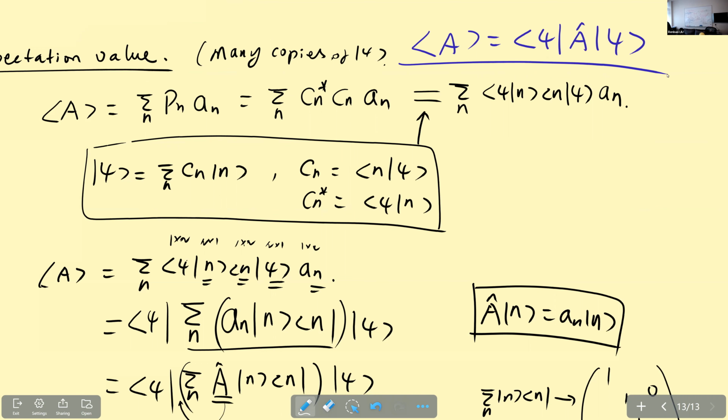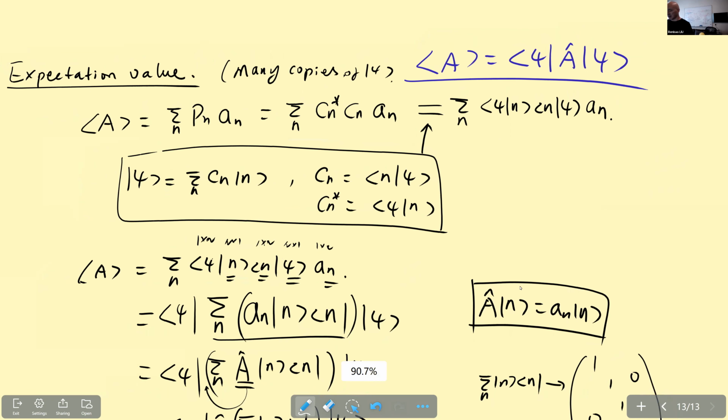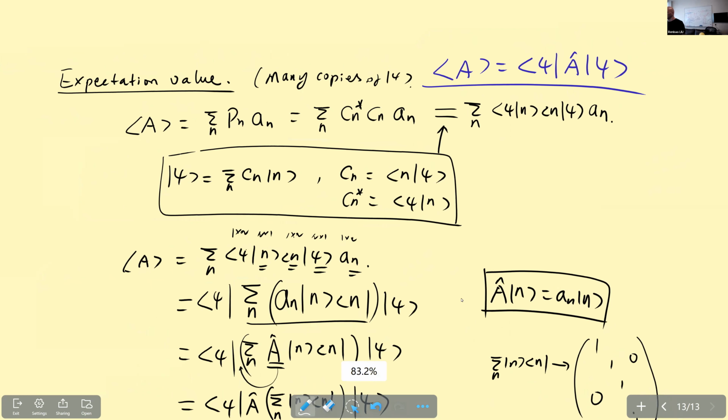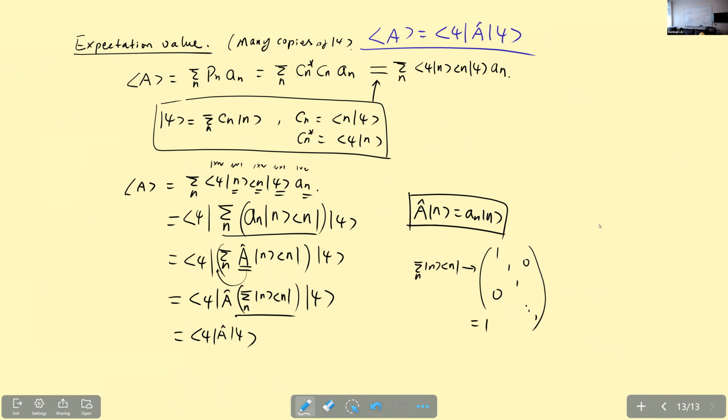So the way to measure the expectation value of A mathematically is you apply this operator on the state, and see how much is left. That makes a great sense, right? You just see how much is left after this operation in the original state. If you leave a lot, that means you got a large amplitude.